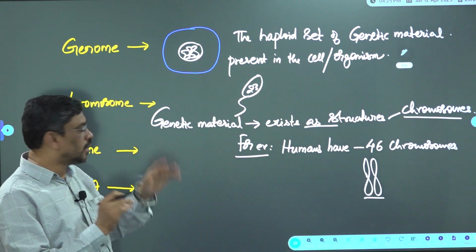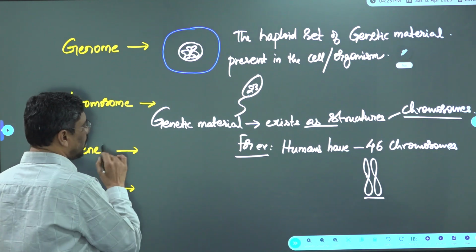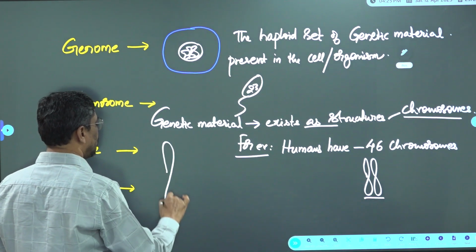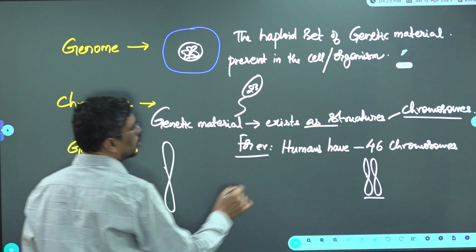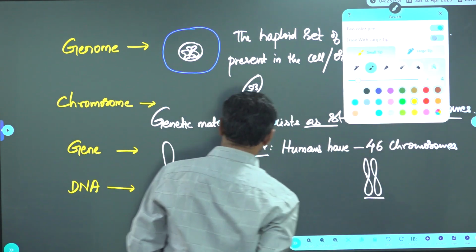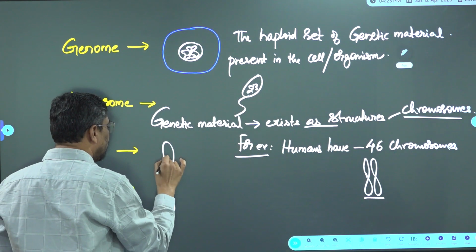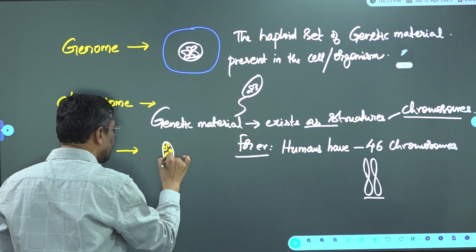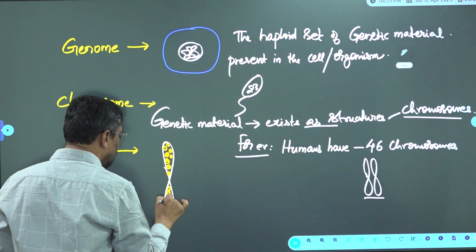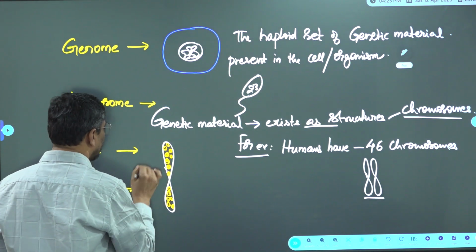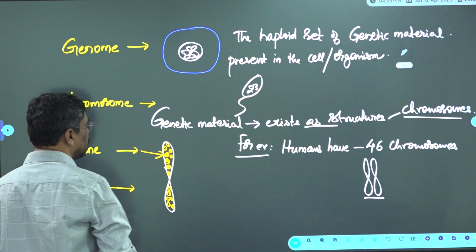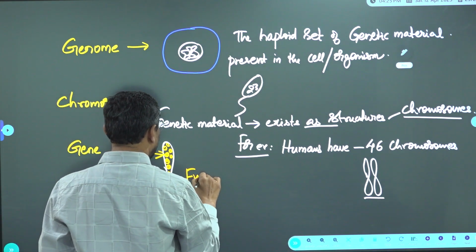Got it? Right. And what is a gene? Suppose this is a chromosome. On this chromosome, some specific functional units are present. The functional unit of the chromosome is called a gene.